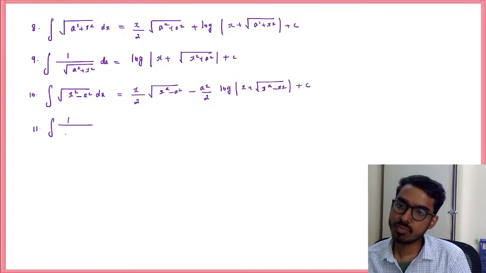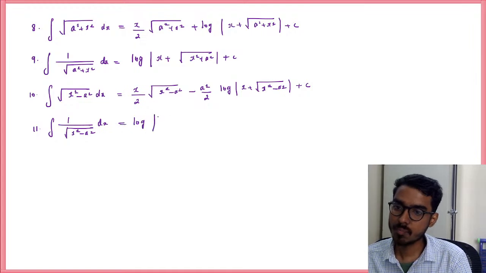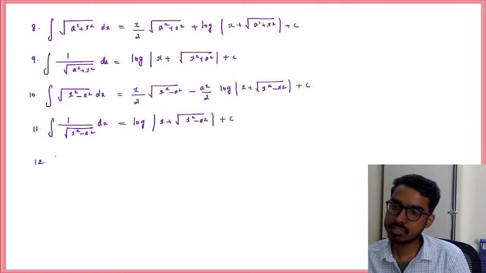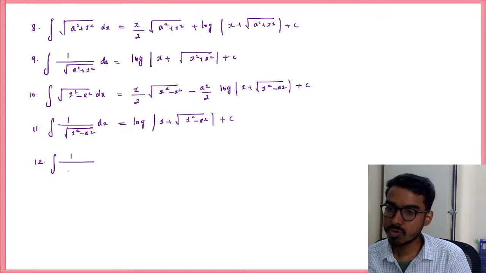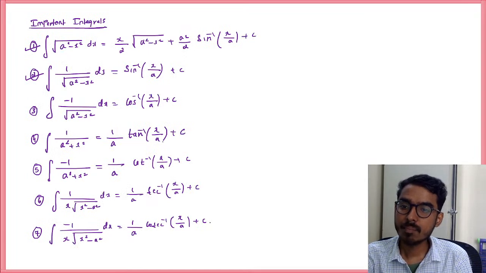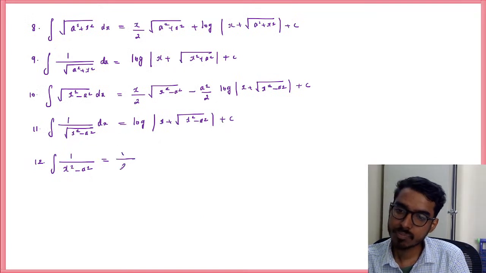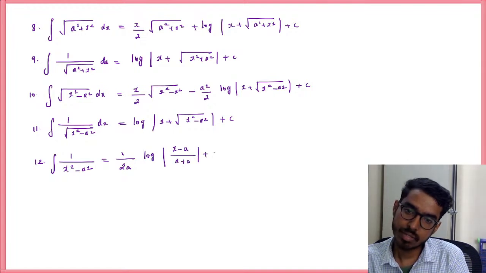And 11th is its reciprocal. 1 divided by root of x square minus a square dx will be log mod x plus root of x square minus a square plus c. 12th is integration of 1 divided by x square minus a square. We know for x square plus a square it is 1 by a tan inverse x by a plus c. So for x square minus a square, this will be 1 by 2a log mod x minus a by x plus a plus c.